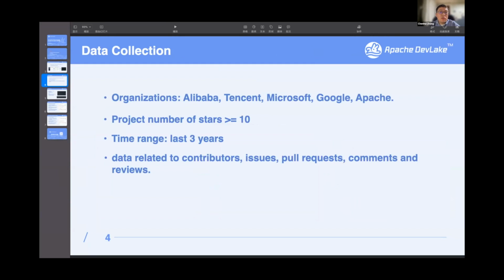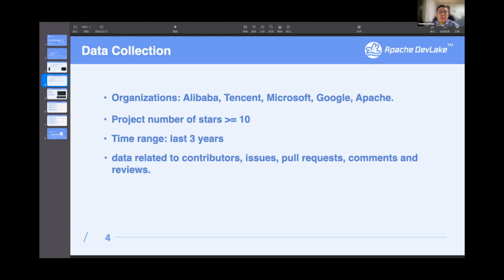The above introduction to DevLake comes nowhere near to giving a fair presentation of the product's capabilities, but I think it suffices for our purposes, which is to collect from GitHub the following development data. The scope of our organization is Alibaba, Tencent, Microsoft, Google, and Apache.